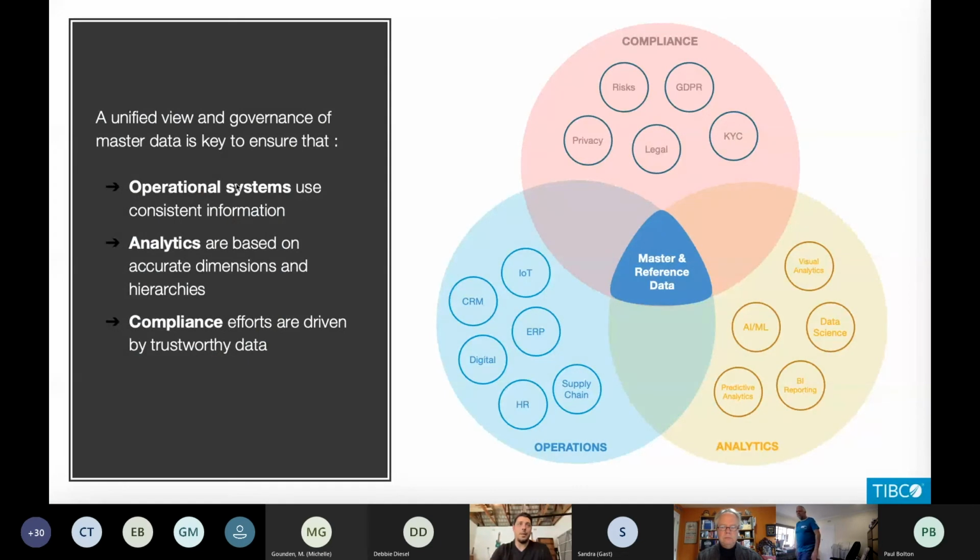We mentioned this in passing, but just to remind you guys: compliance, operations, and analytics. These are the three main reasons why you would actually be interested in doing MDM in the first place. It will fall into one of these. You either have to do it for compliance, or it will greatly help compliance.